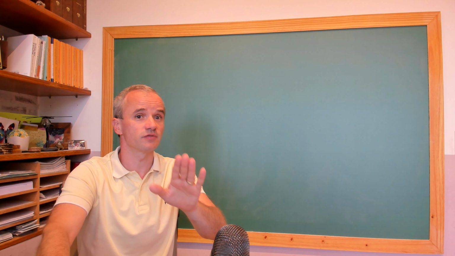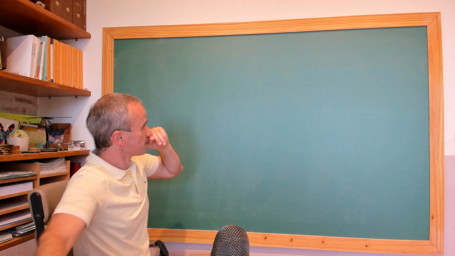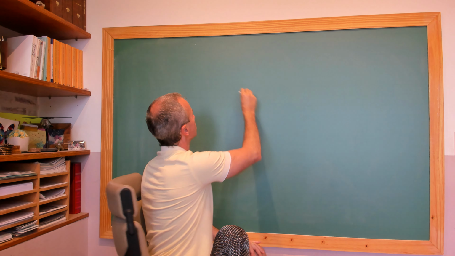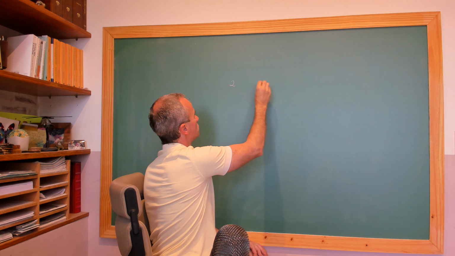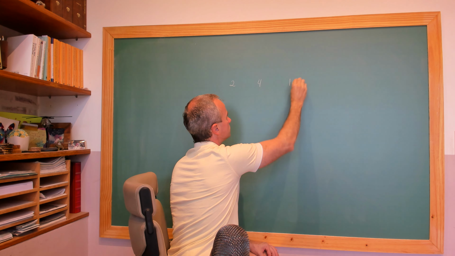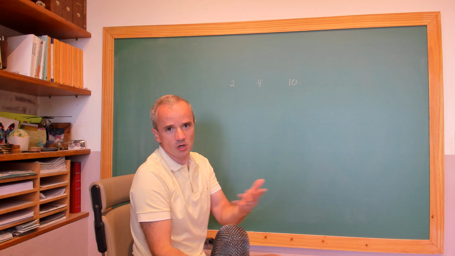The weighted average is different. But let's start simple. Let's suppose we are going to have the average of the numbers 2, 4, and 10. Of course we know this.